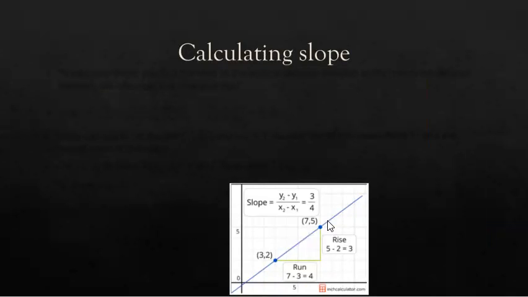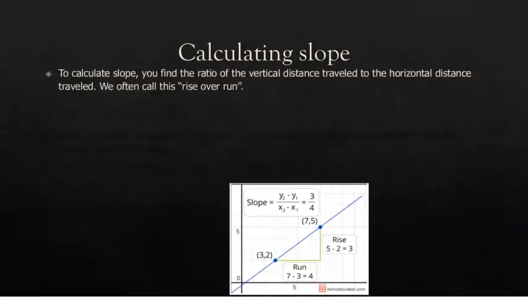Here's a line in blue and 2 points on the line. To calculate slope, we find the ratio of the vertical distance, that's the up and down, traveled to the horizontal distance traveled. So the up and down we call the rise, and the horizontal we call the run. So we often say that it's a ratio of rise over run because it's vertical over horizontal.